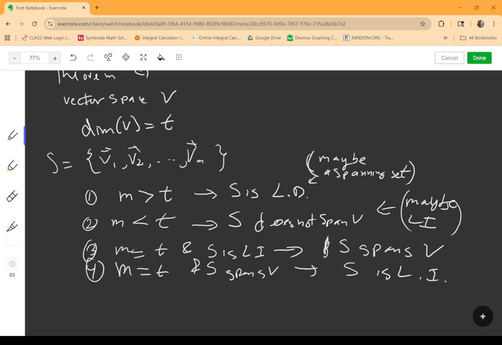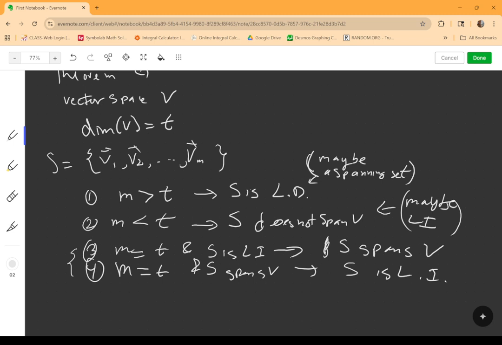So what we have is actually an equivalent statement, or we can put both of these together. When M is equal to T, then S is linearly independent if and only if S spans V.